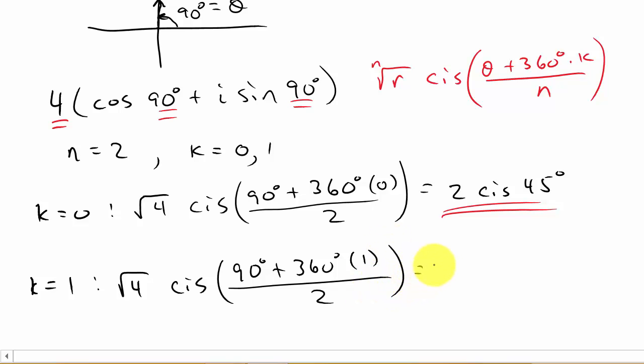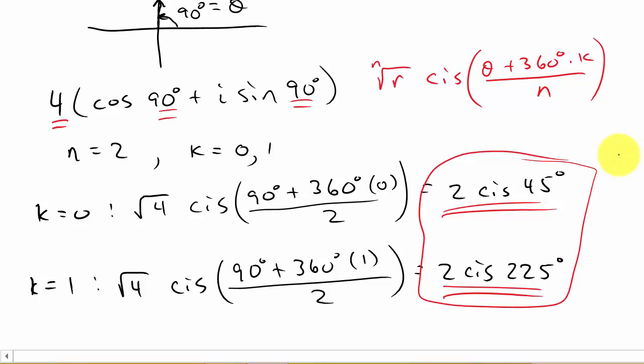Right? So the square root of 4 is 2, and then that's going to be 90 plus 360, and divide that by 2. That is 225. And this would be your other square root.